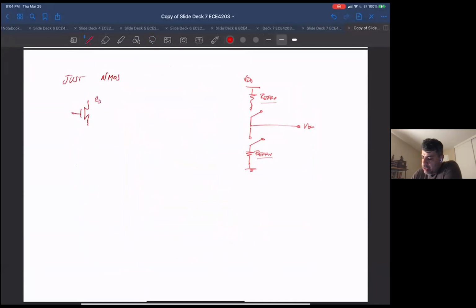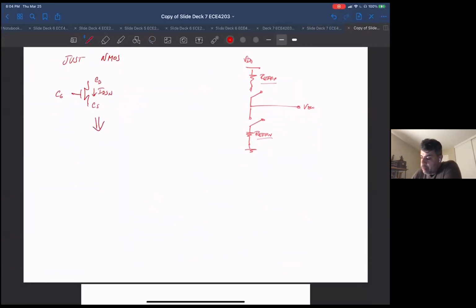It has a certain drain capacitance, a source capacitance, a certain gate capacitance, and it has a certain IDSN depending on the voltages. But my simplified model, which I'm claiming is pretty good, has an effective resistance, an effective drain resistance and effective source resistance, capacitance. I'm sorry, effective. Okay, and then I'm going to draw it like this. It has an effective C sub n, effective gate capacitance.